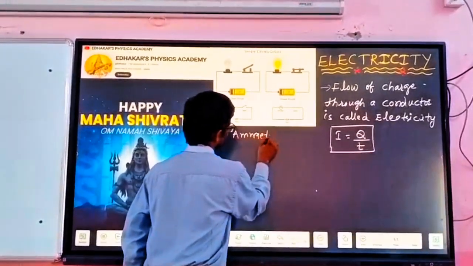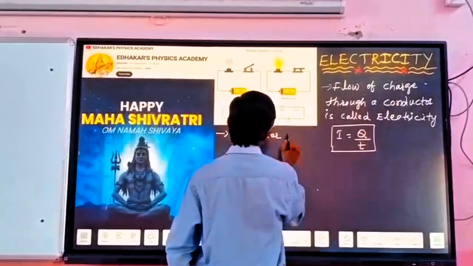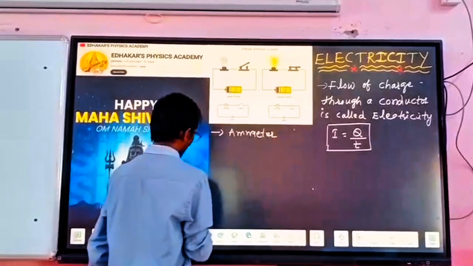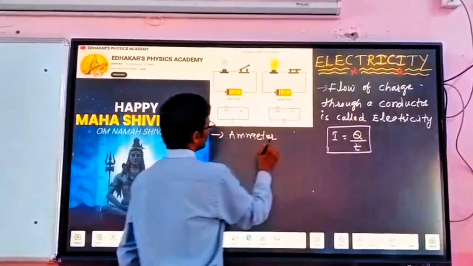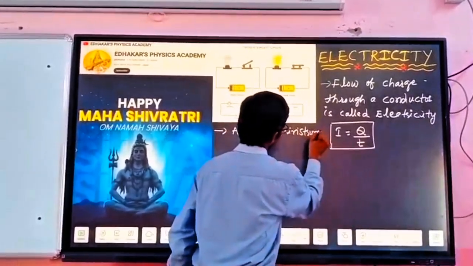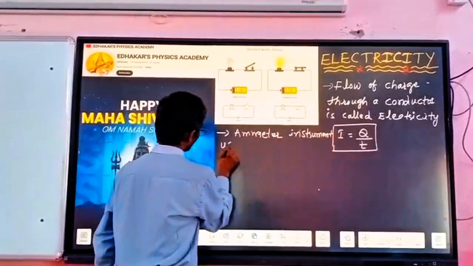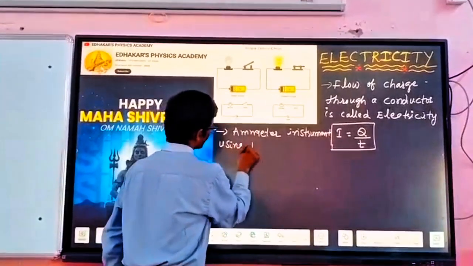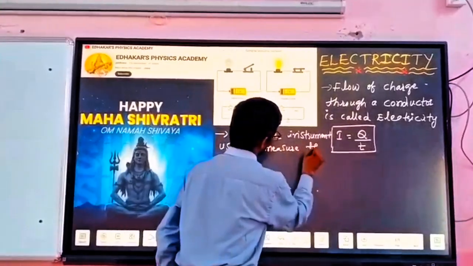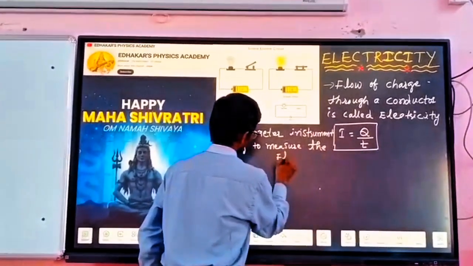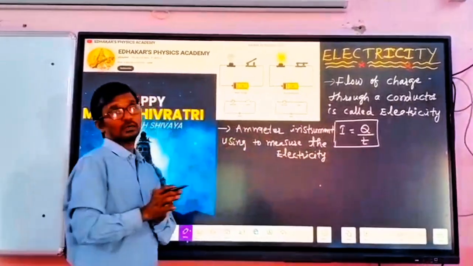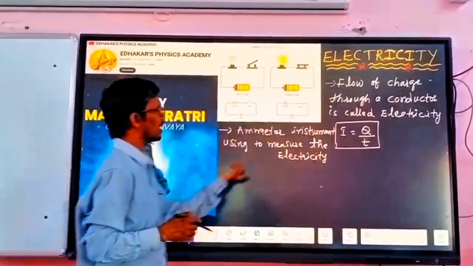The ammeter instrument is used to measure the electricity in a circuit.